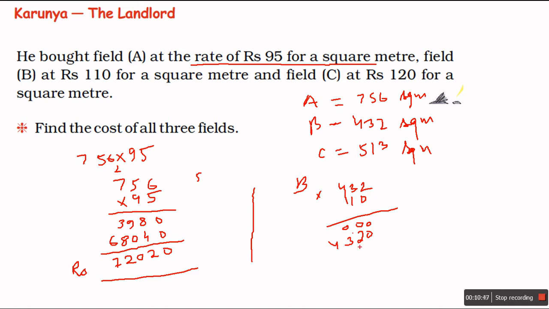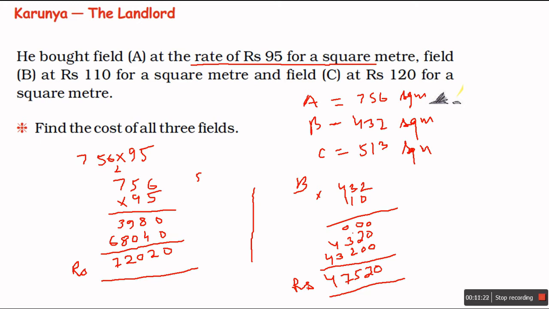Now I will multiply with 100, so I will put 2 zeros, and again 2, 3, 4. Then 2, 2 and 3, 5, 4 and 3, 7 and 4. So rupees 47,520.